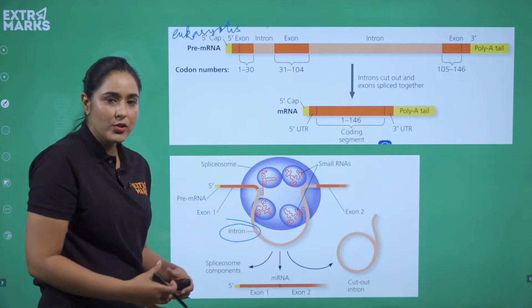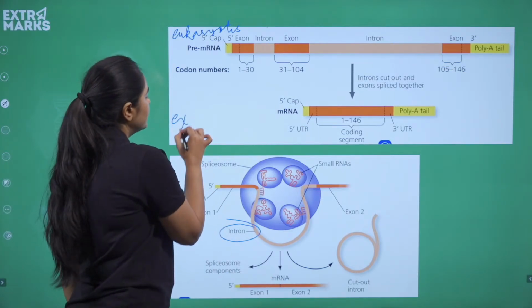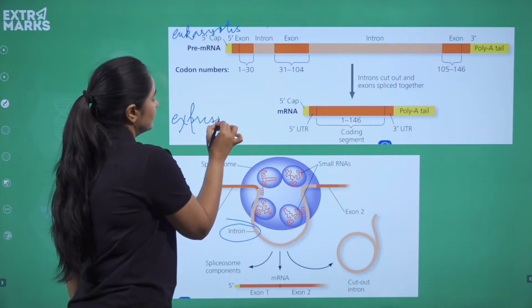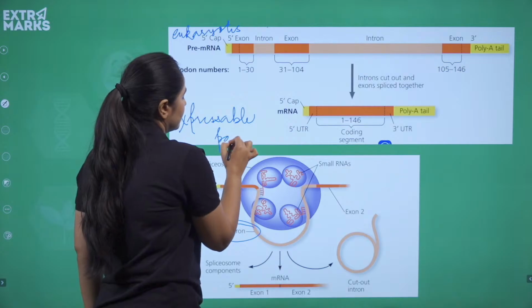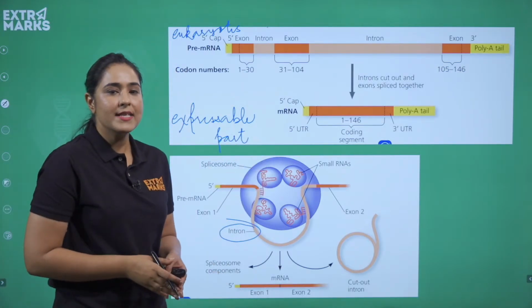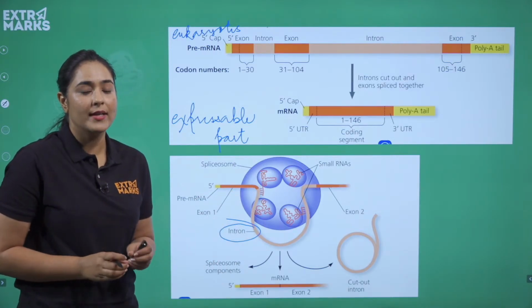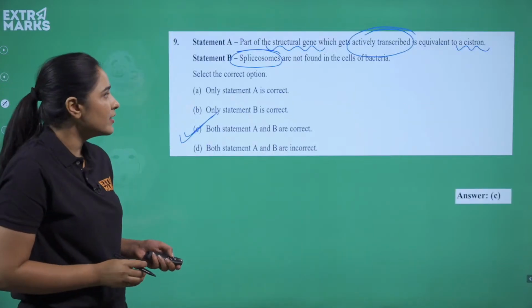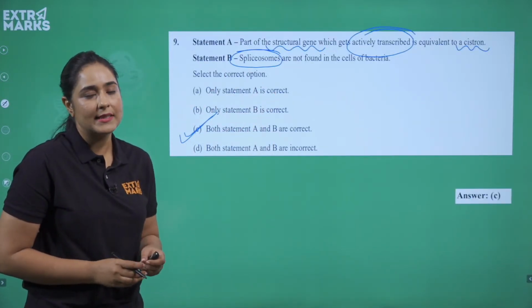They will be joined together because exons are the expressible part of the DNA strand. So obviously spliceosomes are required in the eukaryotes, they are not required in the prokaryotes. So we are not having the application of spliceosomes in these prokaryotes, they are not present in the bacteria.